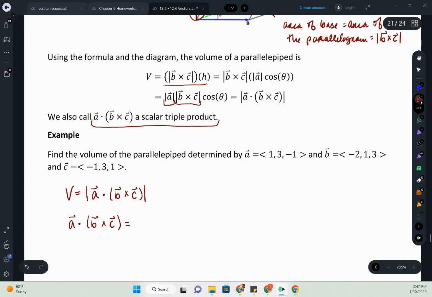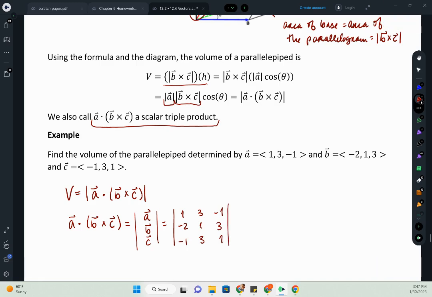We can calculate it by finding the determinant of a 3 by 3, where the first row has A in it. So we're going to have A, B, and then C. The A vector has 1, 3, negative 1. The B vector has negative 2, 1, 3. The C vector has negative 1, 3, 1.